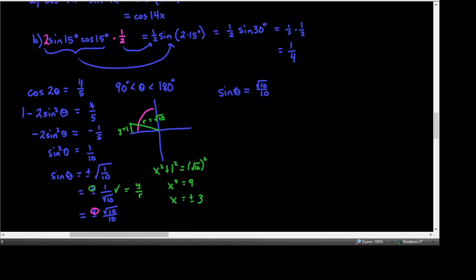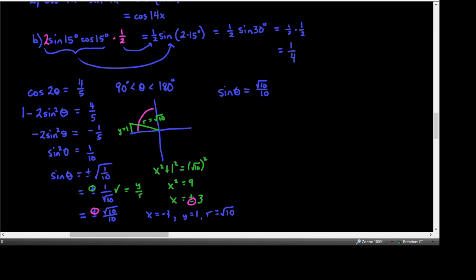And in this quadrant, between 90 degrees and 180 degrees, the second quadrant, x is negative. And so now that we know x is, I'm going to rewrite these because they're kind of messy, I guess. We know that x is negative 3, y is going to be positive 1, and r is going to be square root of 10.